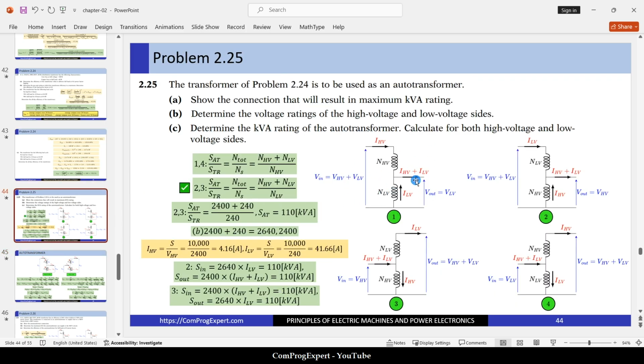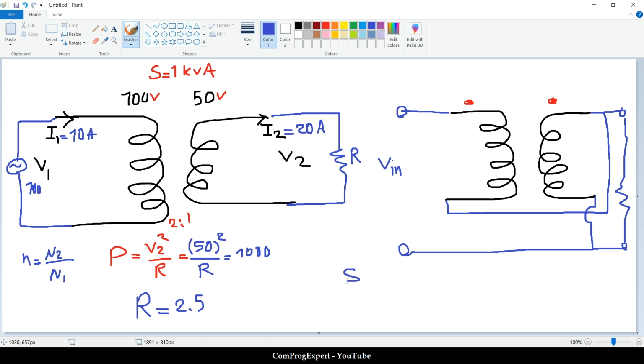In this case, how much is the value of the power of the auto transformer? We can calculate it using this equation. Let's justify this equation. This is S of the auto transformer divided by S of the transformer.